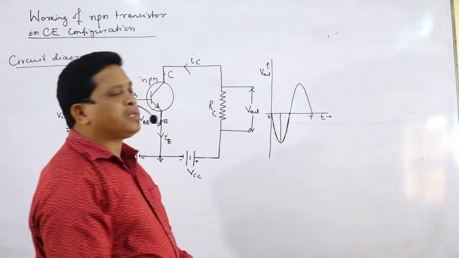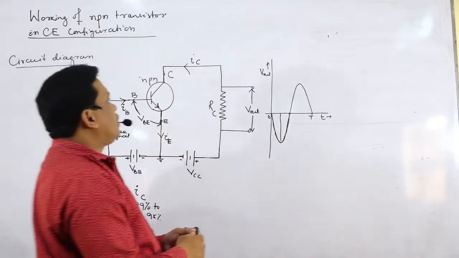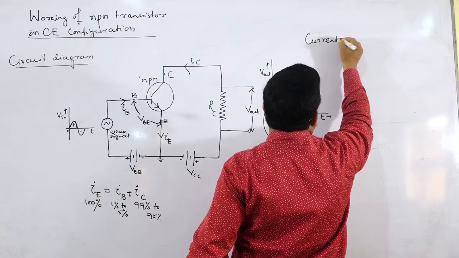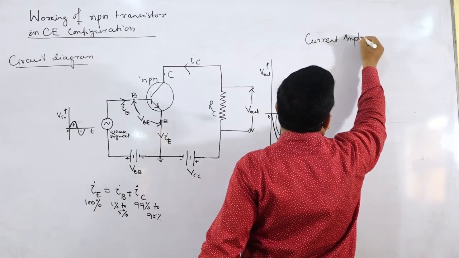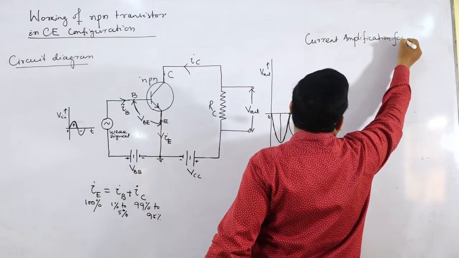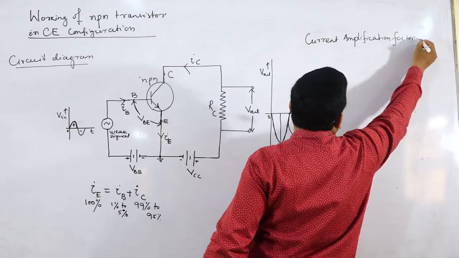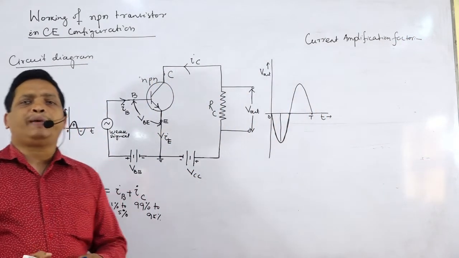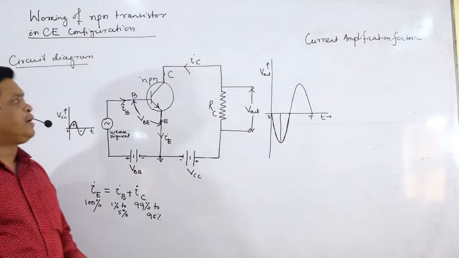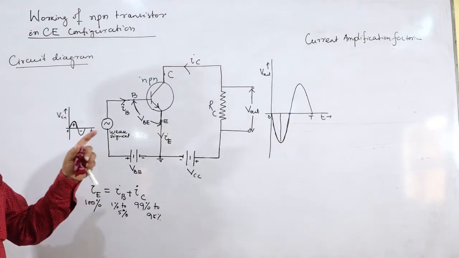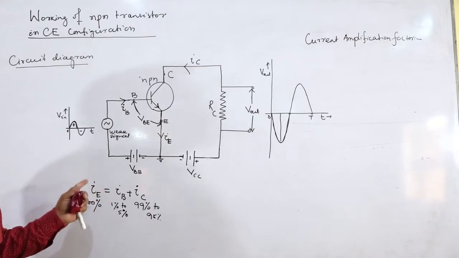Current amplification factor. As we know, the general definition of current amplification factor is the ratio between the change in output current to the change in input current.